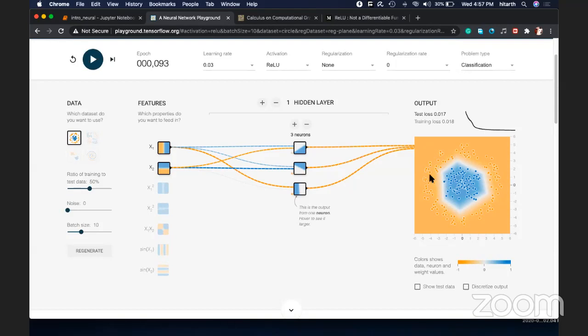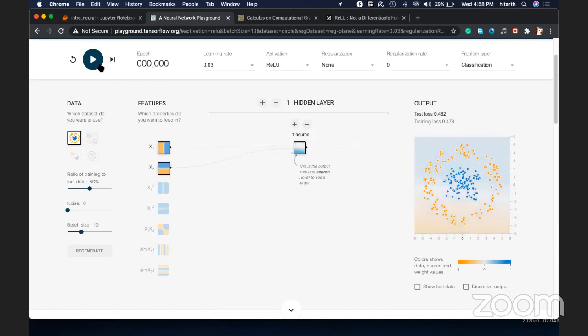It's not a binary thing of being above the plane or below the plane. It's a number, above or below a threshold. If there were no orange and blue, then it would have been one line only. There can be many layers and many neurons. But if there were no ReLU, then there would be only one line, right?